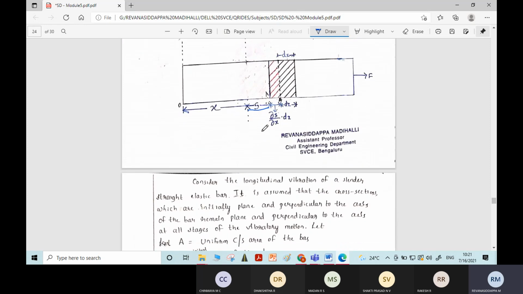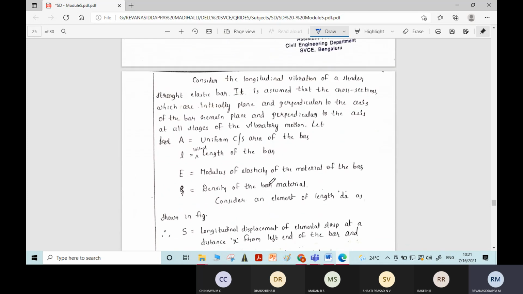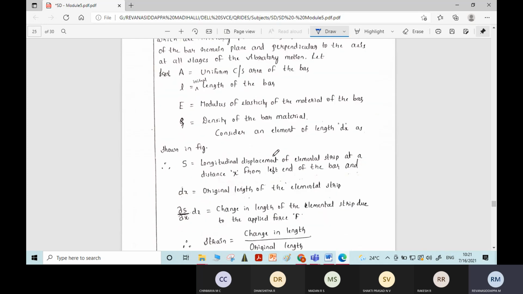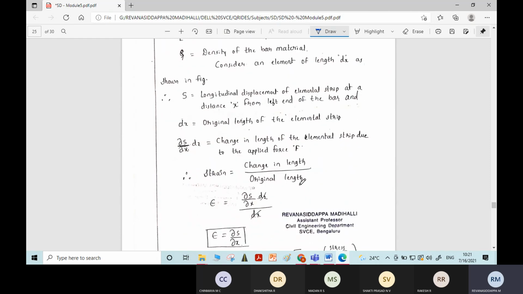S is the change in the length of the original length x, and del S by del x into dx is the change in the length of the elemental strip dx, due to the applied force F. Up to here is all the introduction.